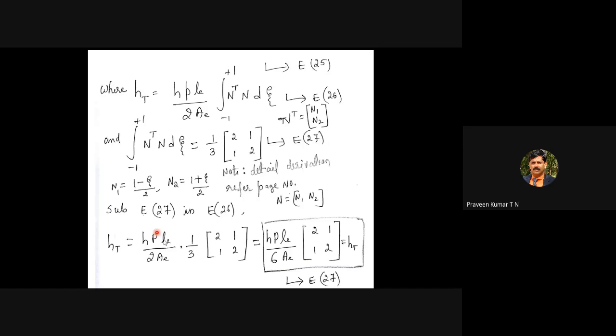Finally, the convective heat transfer matrix is given by h_t equals h p l_e divided by 6 a_e into [2 1; 1 2]. That is the convective heat transfer matrix.